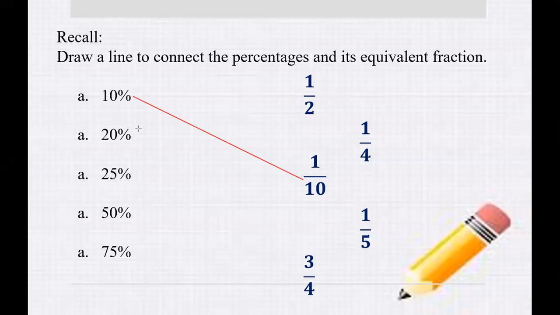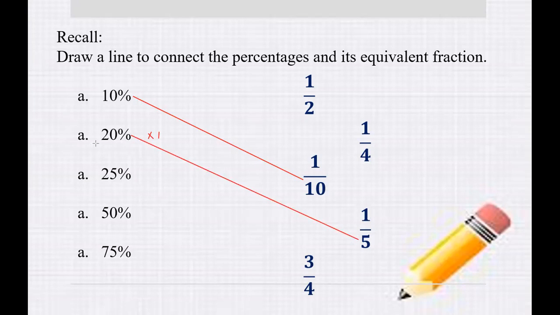20%, if we are going to write it in simplest form, 20 times what gives you 100? 5. Okay, so that means this is the answer. 20% is 1/5.